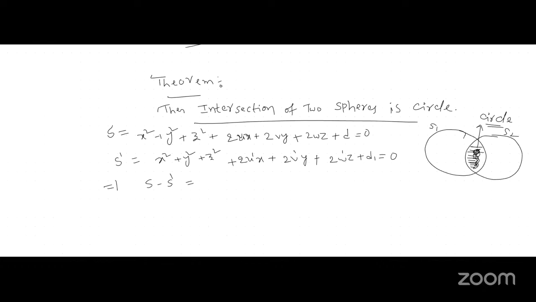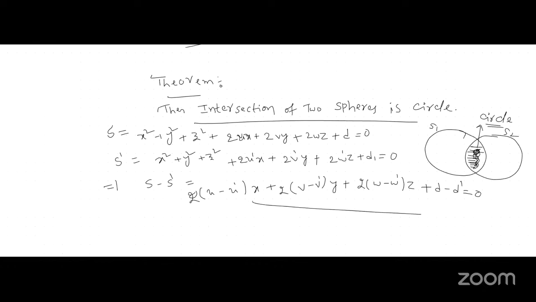See that, 2 into (u minus u dash) into x plus 2 into (v minus v dash) into y plus 2 into (w minus w dash) into z plus d minus d dash equal to 0. Okay. Now, this is represented by a plane.